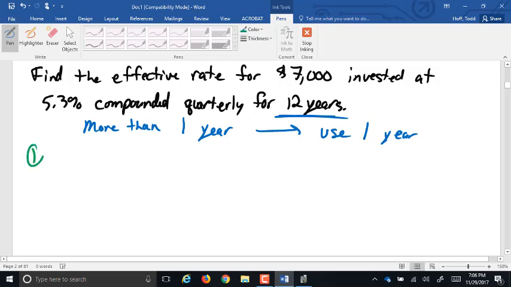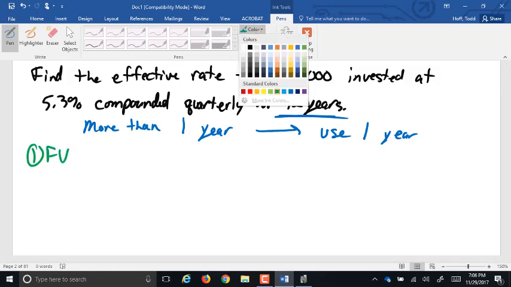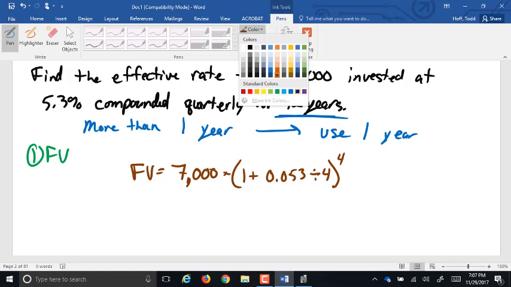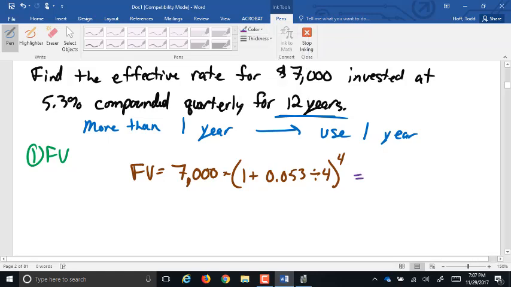So that means when we find the future value, it's going to be $7,000 times 1 plus 0.053 compounded quarterly, so divided by 4, to the power of 4 times 1. Most people are going to plug 48 in there because it's 12 years, but we only go for 1 year.